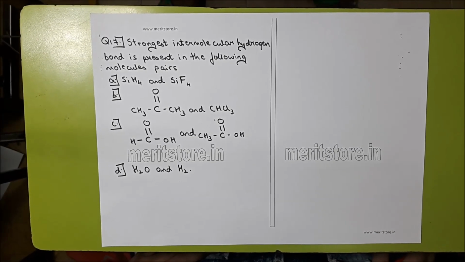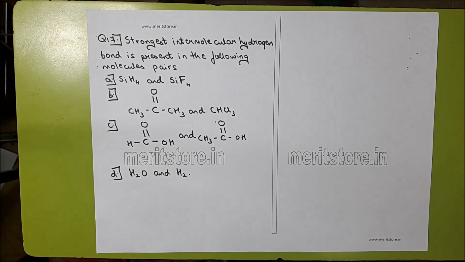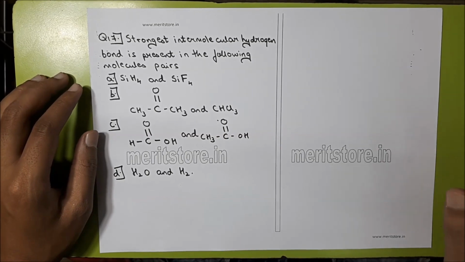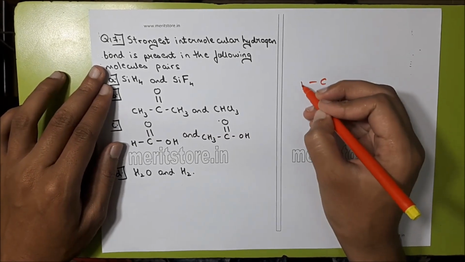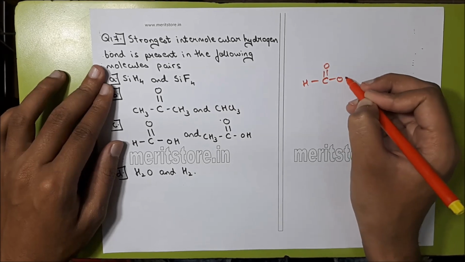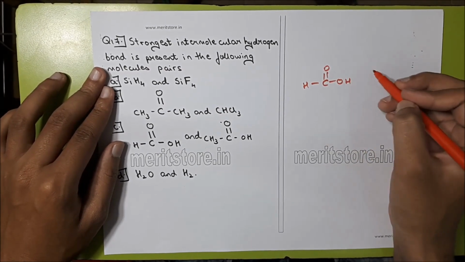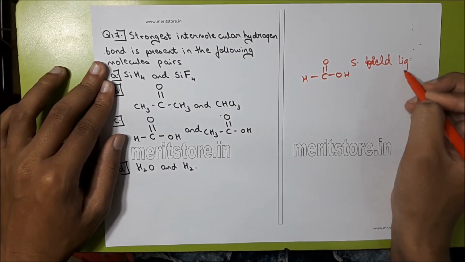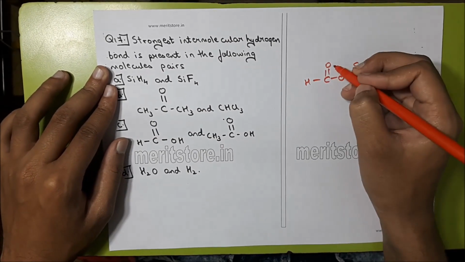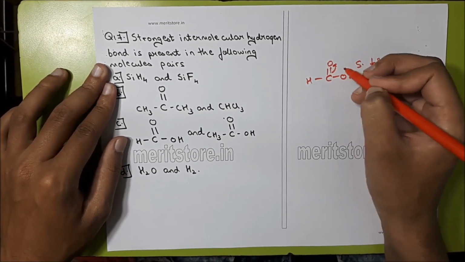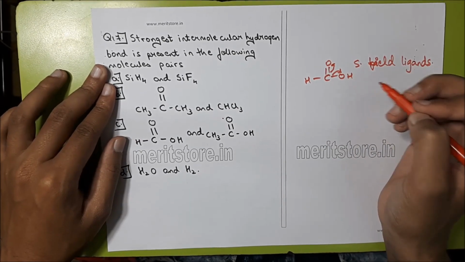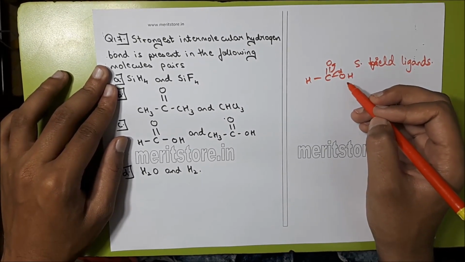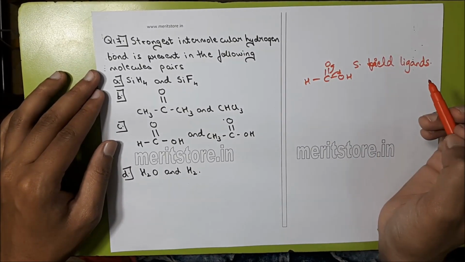Question number 17. The strongest intermolecular hydrogen bond is present in which of the following molecule pairs? Okay, these are the given pairs. In the carboxylic acid, the carbon atom is attached to 1 hydrogen and 2 oxygen atoms. The hydroxyl group and this oxygen atom are strongly electron-withdrawing, so they pull the electrons towards themselves, and oxygen is highly electronegative, so it forms strong hydrogen bonding.